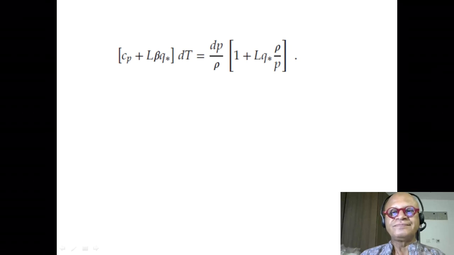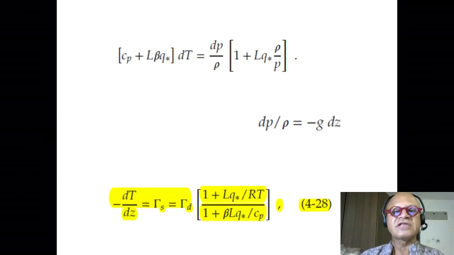So dP over rho is again minus g dz, our good old hydrostatic equation. So you end up essentially with dT over dz. Replace dP over rho with minus g dz, take dz on this side, and take the minus sign on the other side, minus dT/dz.